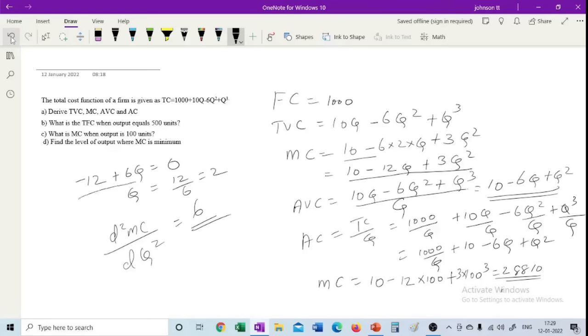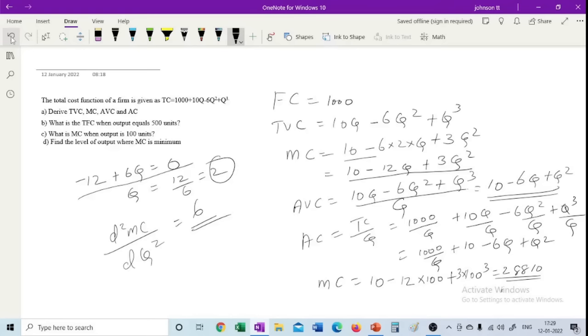That is greater than 0. So that is proved: when output is 2 units, the marginal cost is the minimum. Why? Because the second derivative is greater than 0.